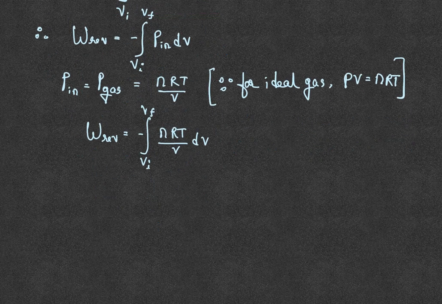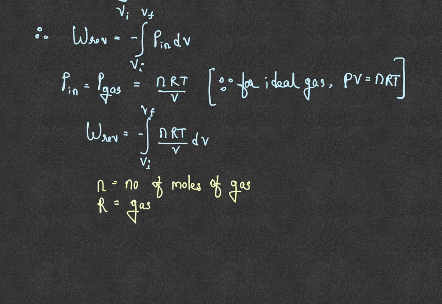Now here, n is the number of moles of gas and R is the gas constant. Both of these are constants.